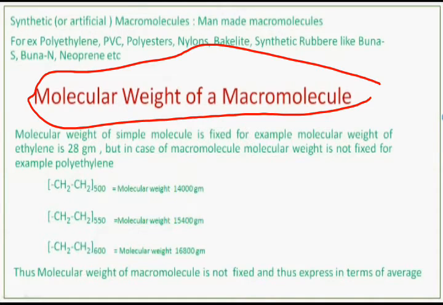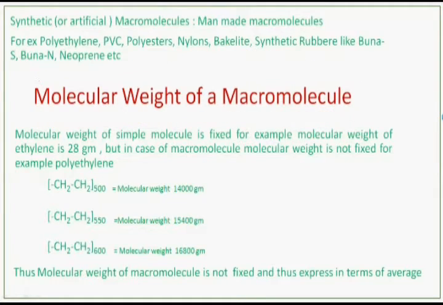Now the next point is molecular weight of macromolecules. Molecular weight of a simple molecule is fixed. For example, molecular weight of ethylene is 28 gram. But in the case of macromolecules, molecular weight is not fixed. Let us take an example of polyethylene. You see here in polyethylene, if the value of N is 500, molecular weight is 14,000 gram.